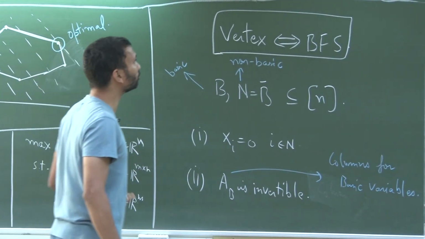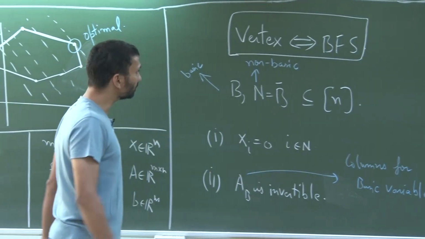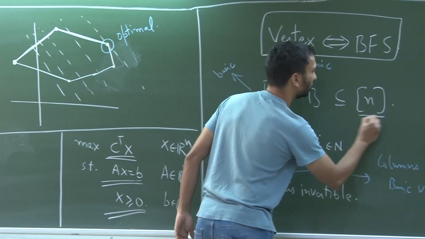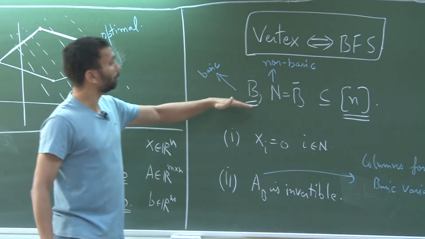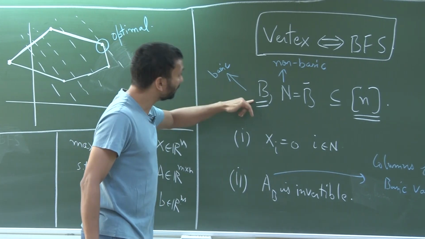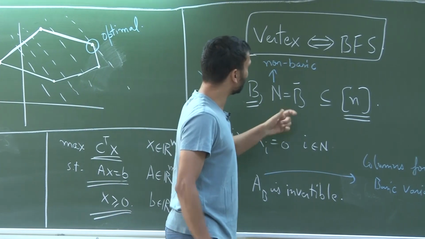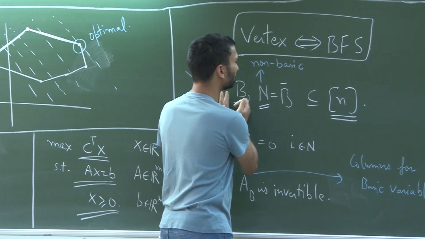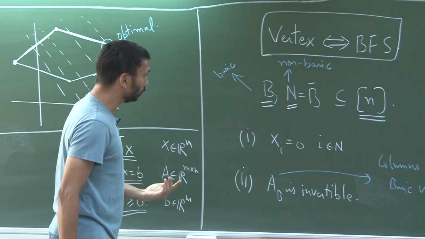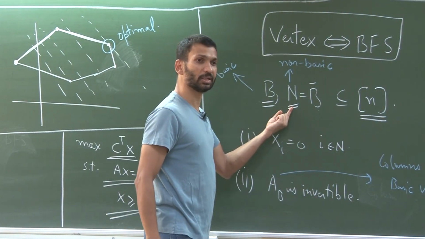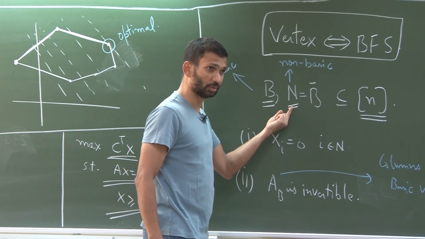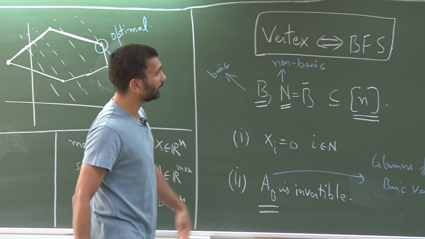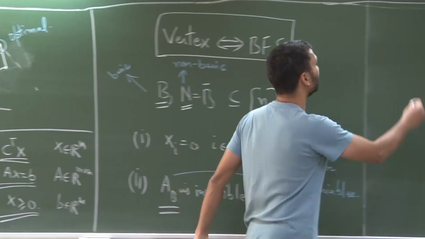Just to remind you of what a BFS is, a basic feasible solution is characterized just by a subset of n. You pick a subset of n. Once you pick it, the remaining part, B bar, I am calling non-basic. So you have the basic part and the non-basic part. Everything in the non-basic part is 0, right? Also, A_B is invertible. What do I mean by A_B? Once again, A is an m cross n matrix.